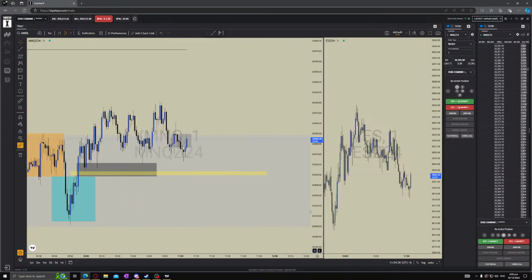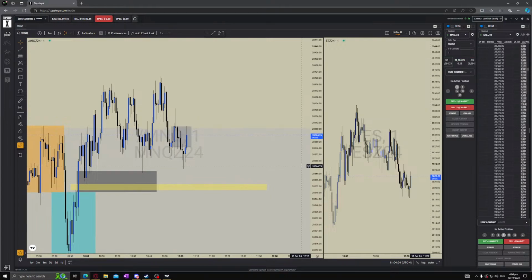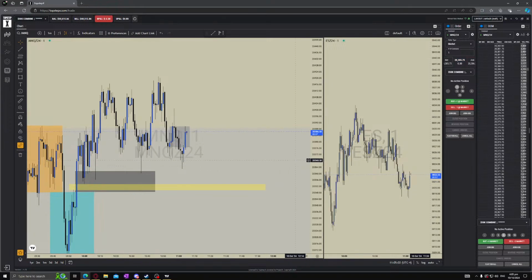If we get some strength, I'll get in on this breaker. If we close above it, I won't enter on this fair value gap just because of yesterday. Yesterday we had the exact same play, but it only touched the breaker and left this breakaway gap open for like 6 points. I guess we survive it. And I will be going for the daily gap, which is 20,430.